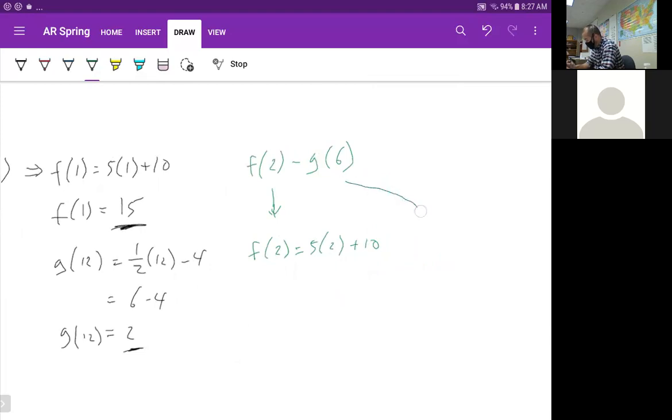And then g of 6 equals 1/2 times 6 minus 4. So this one is going to be 10 plus 10, which is 20. I'm not going to skip this step actually.